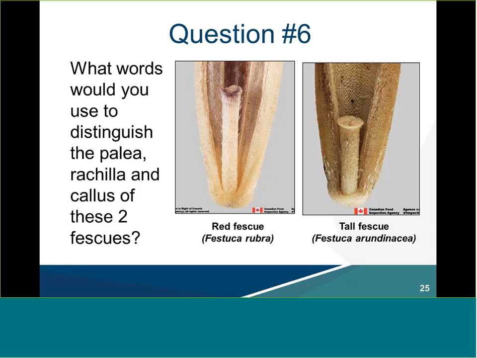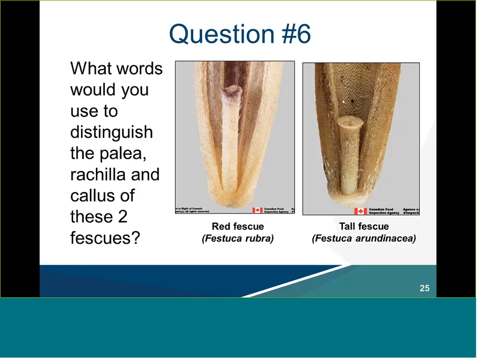So at this time, I'd like to also point out the granular palea. So you can see on this close-up picture on the right-hand side what I mean by granular. And that's a descriptive term. You folks can use many other terms, or even say it looks like sandpaper. You don't have to stick with a certain term, especially when you make grass identification your own.